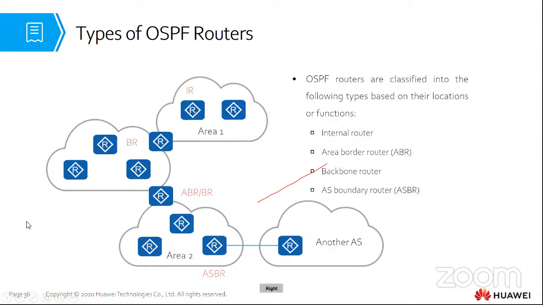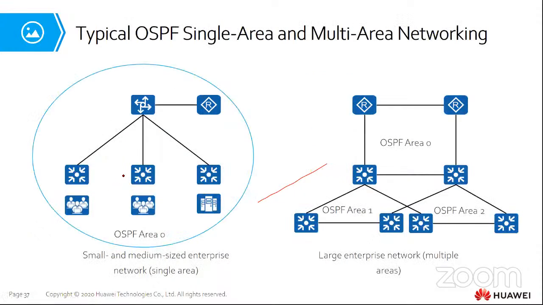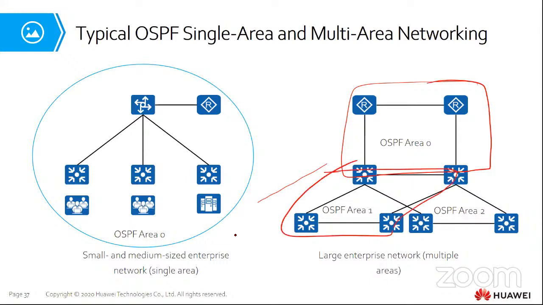Let me complete this very quickly. Typical OSPF single area configuration. You can see here, you have a few players. This is a single area. And here we have multiple areas. You can see area 0 at the aggregation point and core, and area 1 at the aggregation connecting to core, and then area 2 also at aggregation connecting to core.